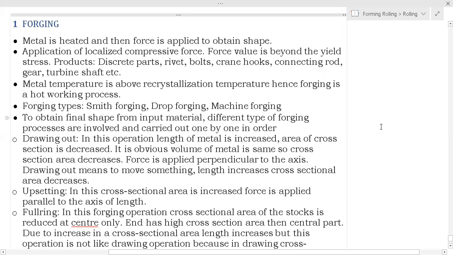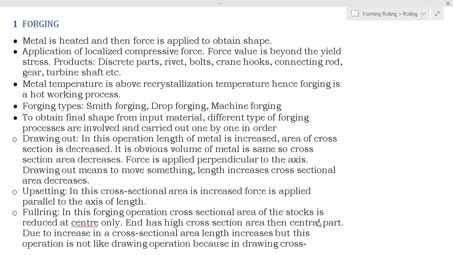So now we'll talk about forging. So what is forging? Forging, metal is heated and force is applied to obtain shape, like your blacksmithing. Just one die will be there.